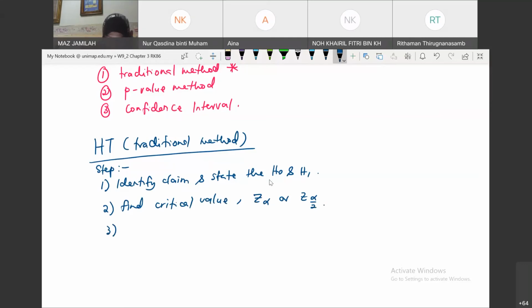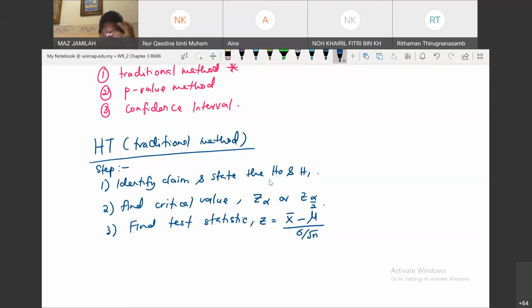Number 3, find the test statistic. For your test statistic, you are going to find your Z, which is given by x bar minus mu divided by sigma over square root of n.